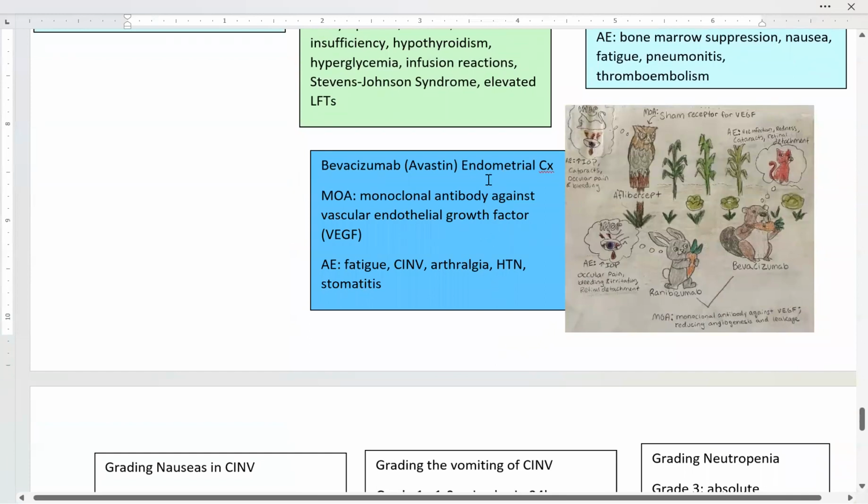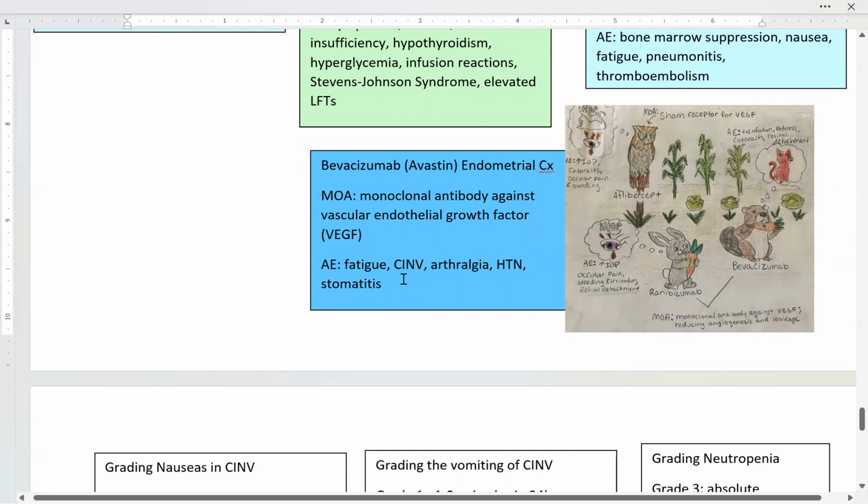For endometrial cancer, we have bevacizumab. And so, again, this is a drawing from a long time ago. So we have a beaver who is in a vegetable garden, vegetable for VEGF. So this is a monoclonal antibody against VEGF. So the beaver is eating the vegetable.